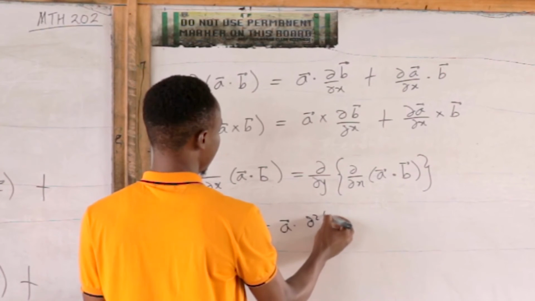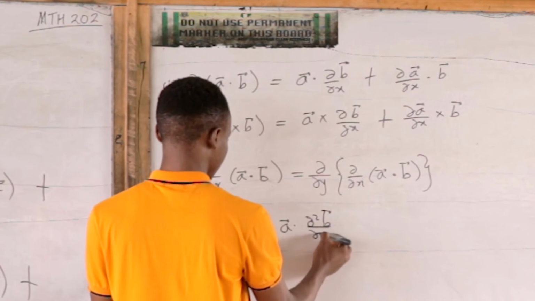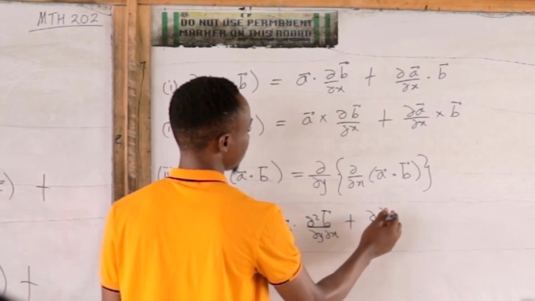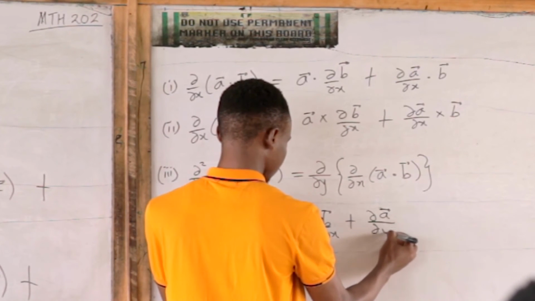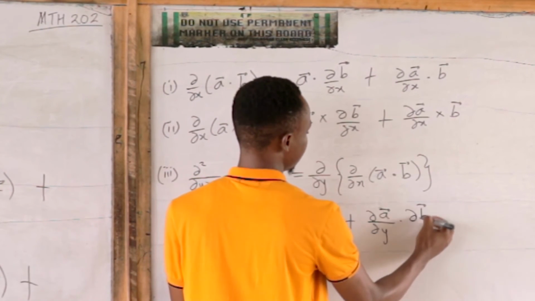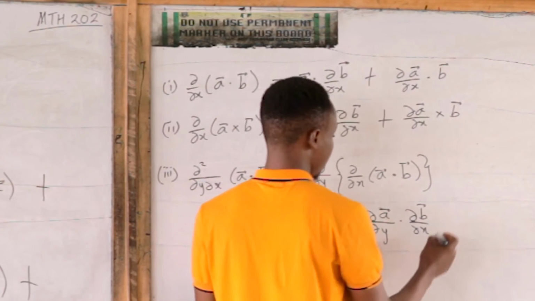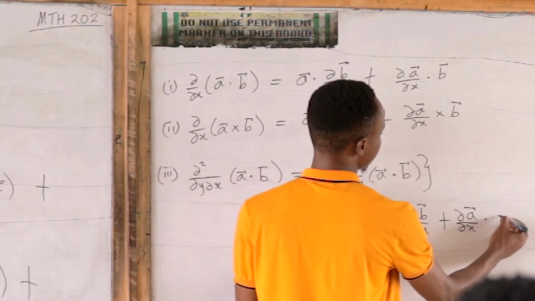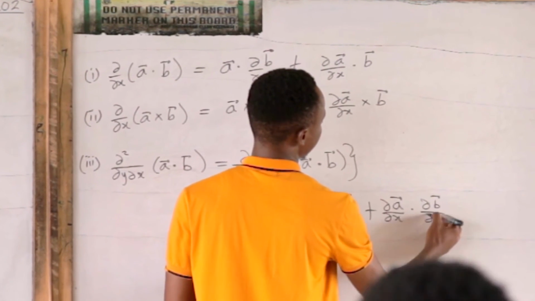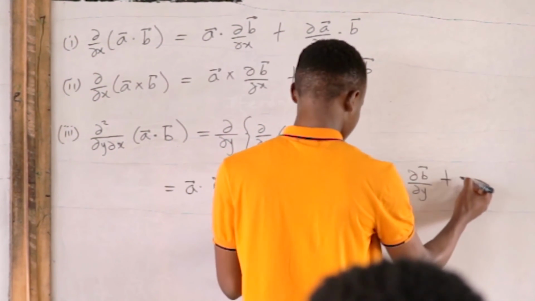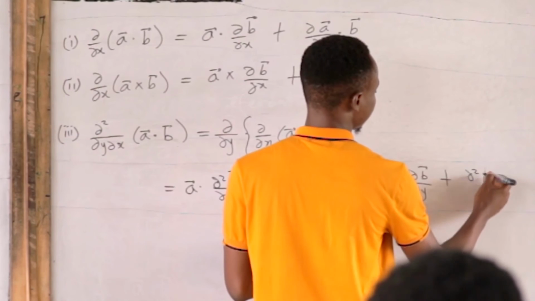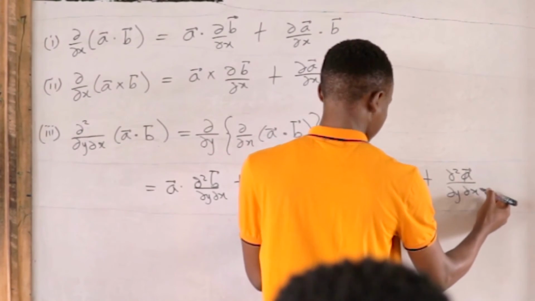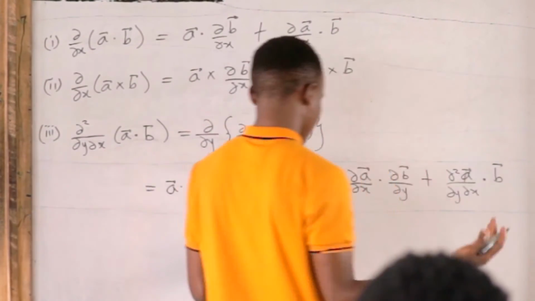A dot, then y dot down x, plus then a, then x down b, then y down square. That's what you get.